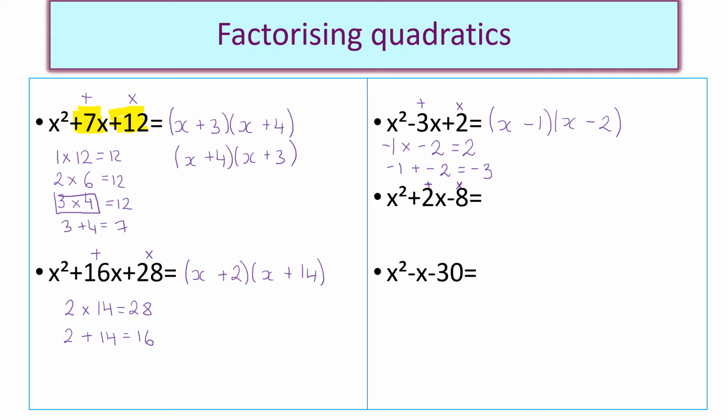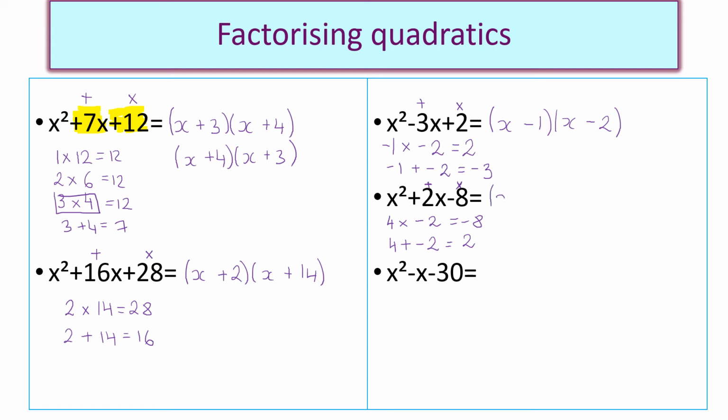Again, there are not that many numbers that you can times to get 8, and the pair of numbers that we need is 4 and -2. 4 times -2 is -8, and 4 add -2 is +2.